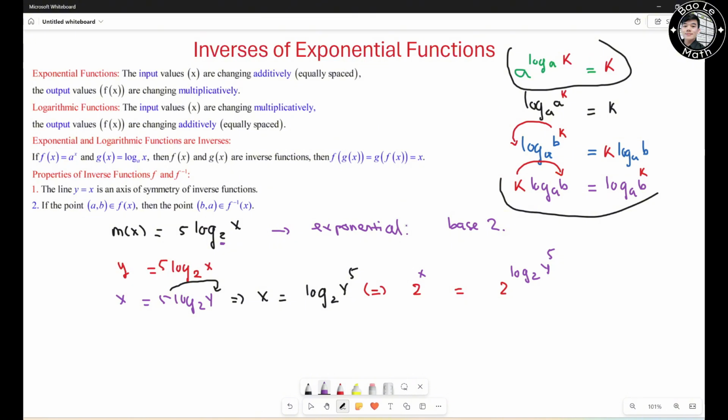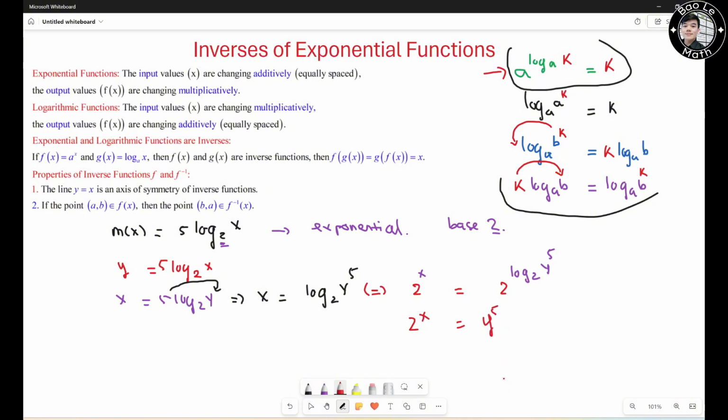Because the exponential function and the logarithmic function have the same base, this is base 2. I need to create base 2. So for the right hand side, I'm going to apply the first formula, and it turns out to be 2 to the s equals y to the 5th.